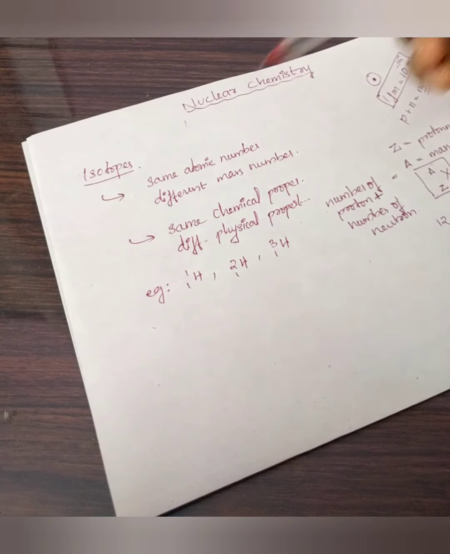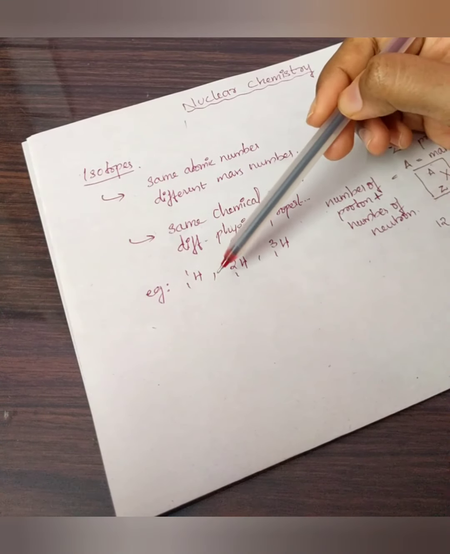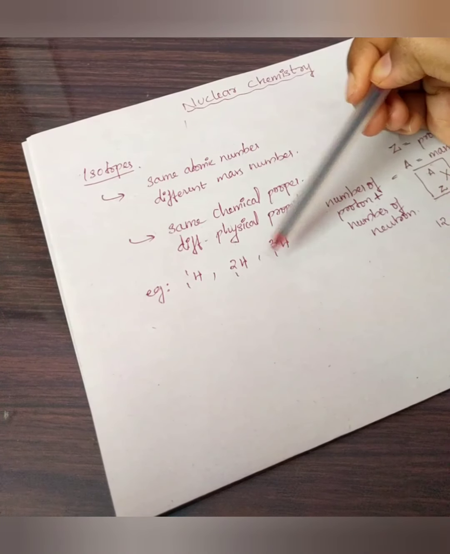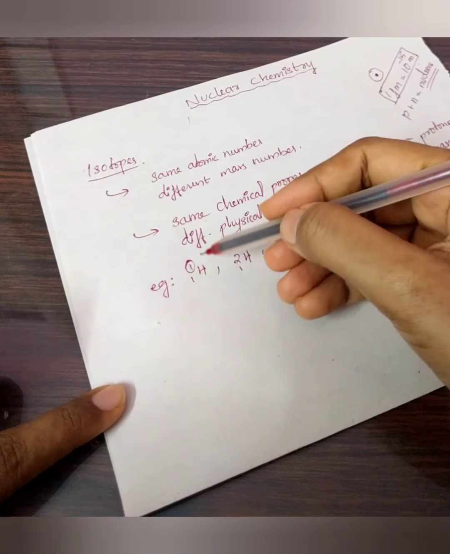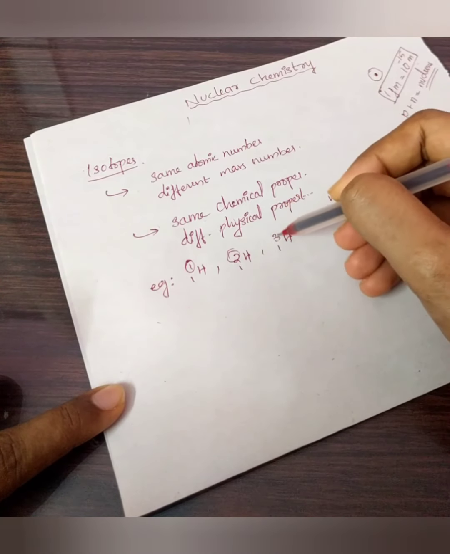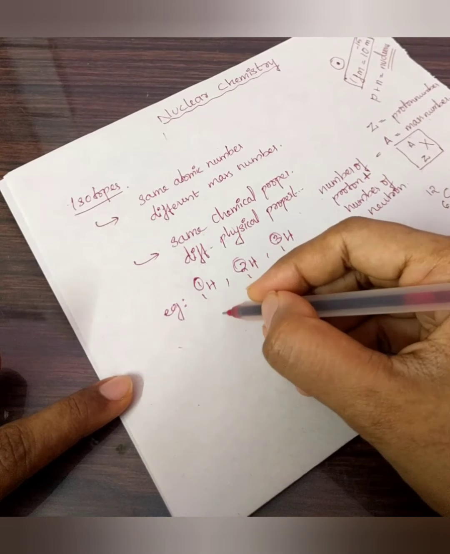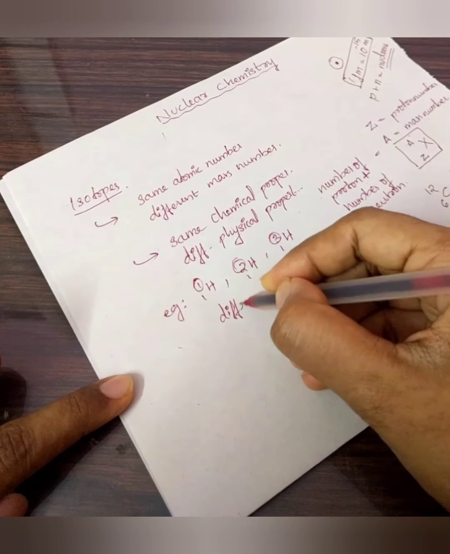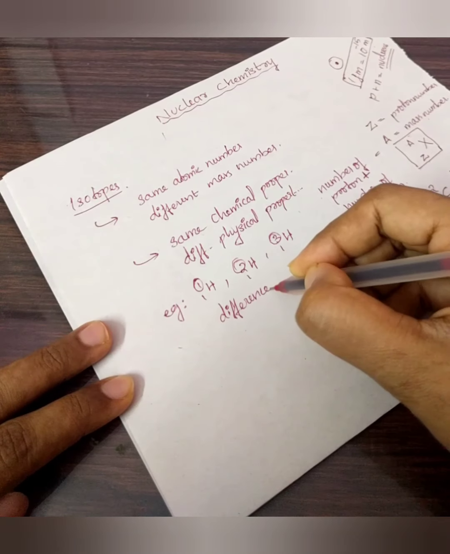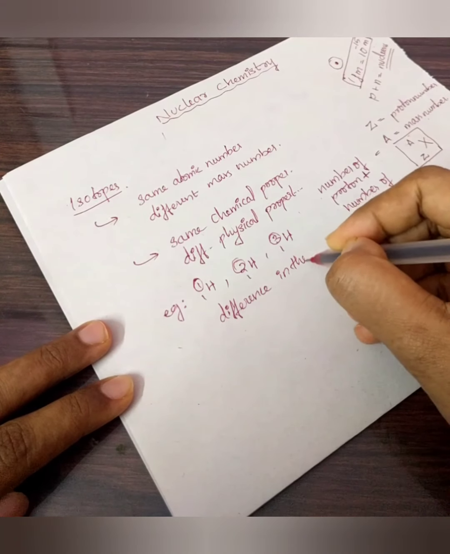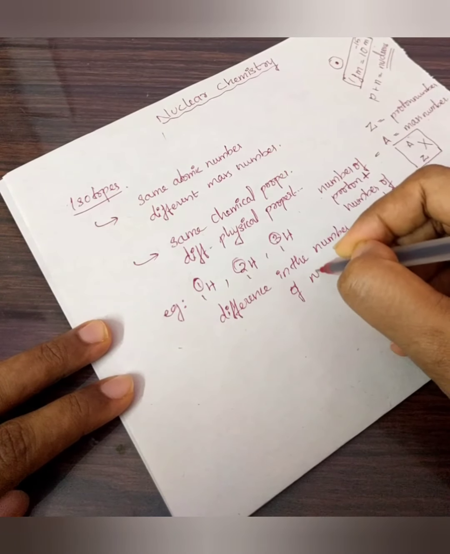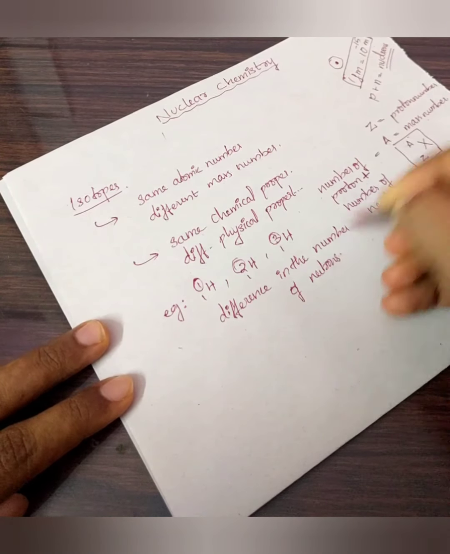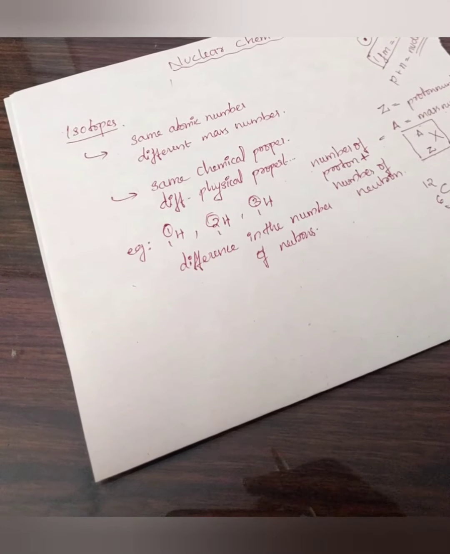All of them have one proton in the nucleus, but there is a difference in the number of neutrons in them. Here the number of neutrons will be 1. So what we can say is there is a difference in the number of neutrons in the nuclei.